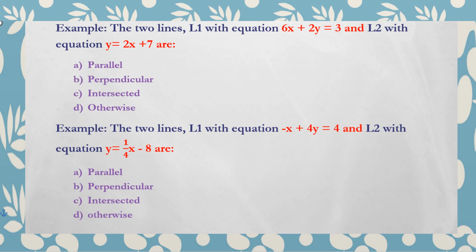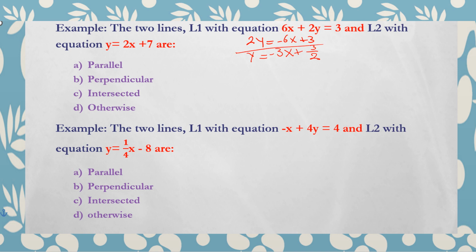Example, the two lines: L1 with equation 6x plus 2y equals 3, and line 2 with equation y equals 2x plus 7 are parallel, perpendicular, intersected, or otherwise. First, we have to rearrange the equation of the first line in order to be in slope-intercept form. So 2y equals minus 6x plus 3, and y equals minus 3x plus 3 over 2.